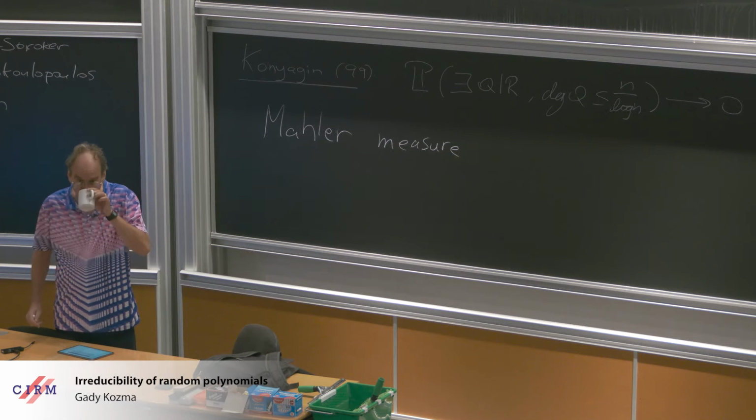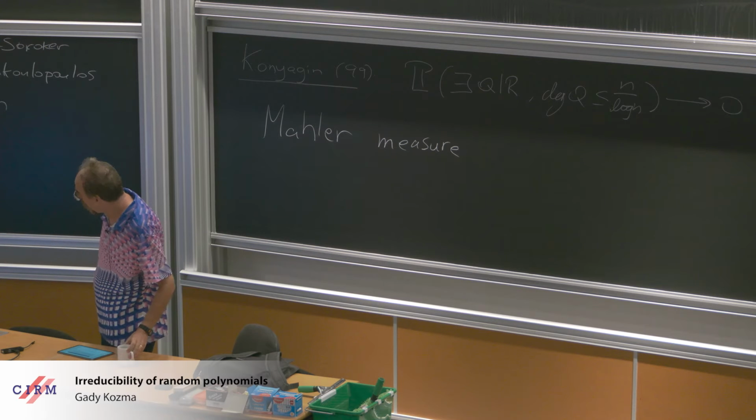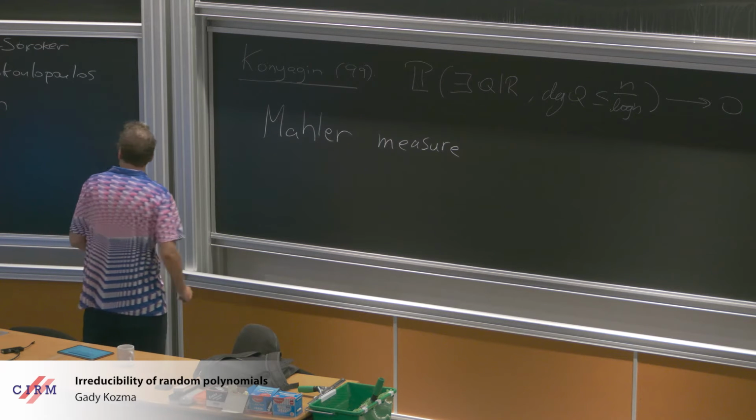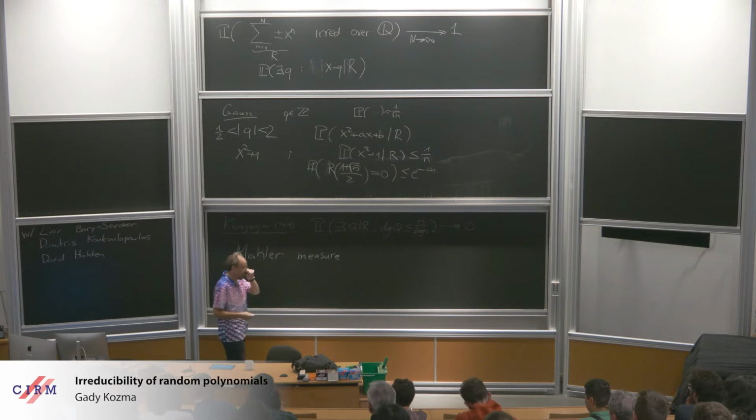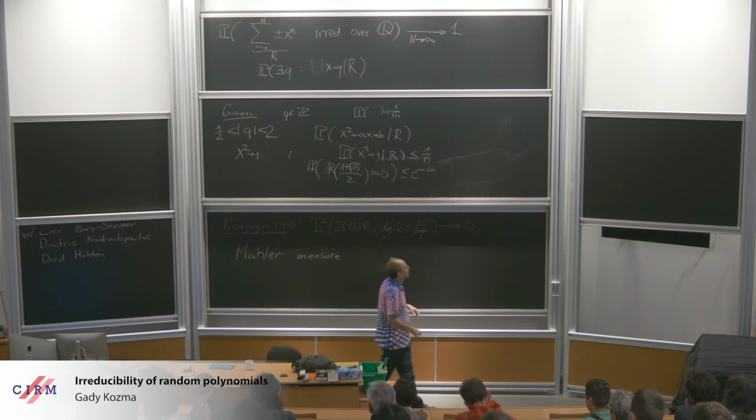Okay, so let's go to the current millennium. There's a list of co-authors here, but it's not one paper with 4 people, but various papers with various subsets of these people. So the first paper I'm going to tell you about is with Leo.